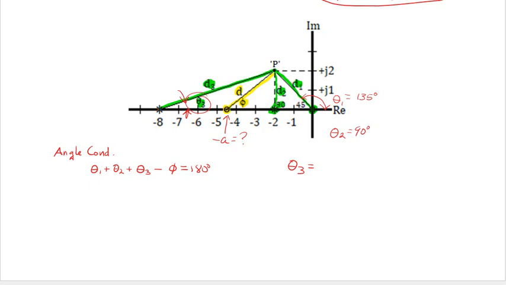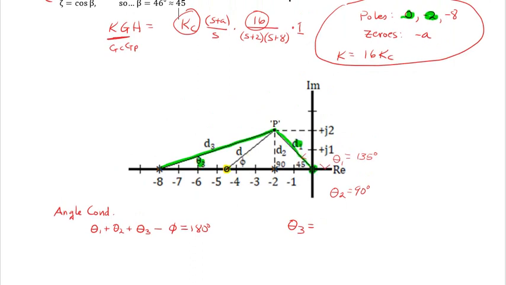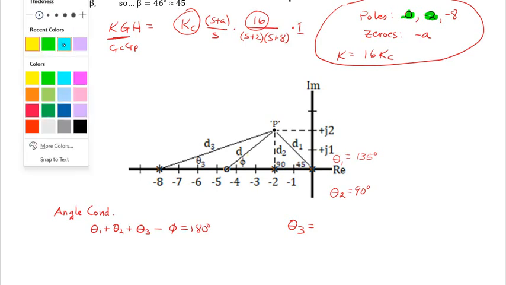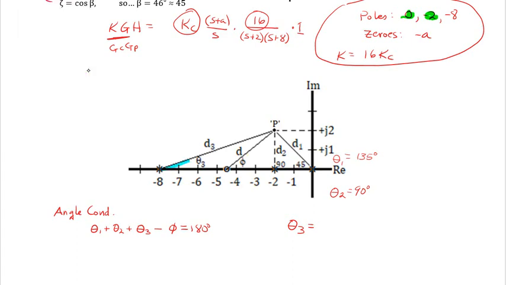So I'm going to erase some of these lines so that I can show this a little bit more clearly, so that it's not confusing. Sorry about that. I wanted to leave that theta 1 there. So the triangle that we use for that is going to be the hypotenuse, the opposite side, and the adjacent side.